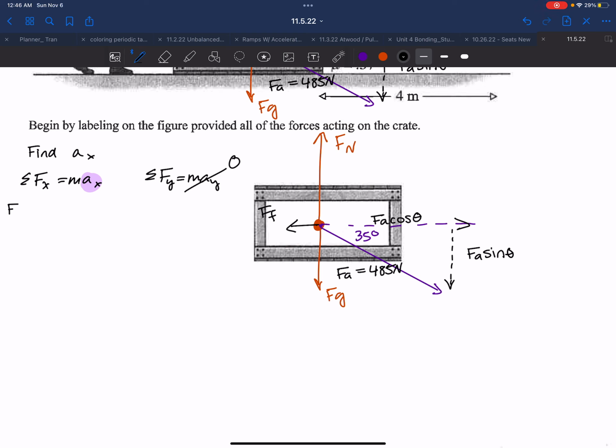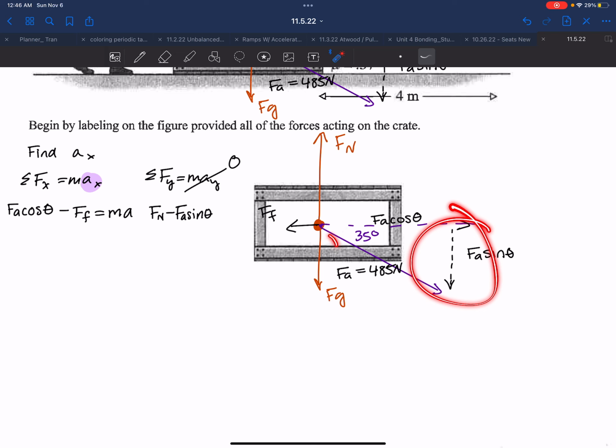Force applied cosine theta is positive minus force of friction is equal to ma. Force in the y direction is going to be force normal minus force applied sine theta because the arrow is going down, and then likewise with force of gravity, also negative.